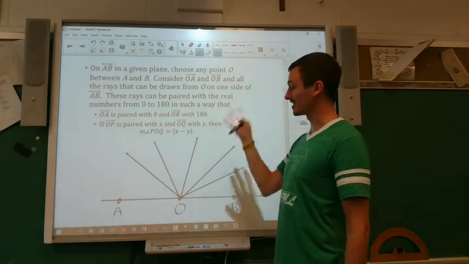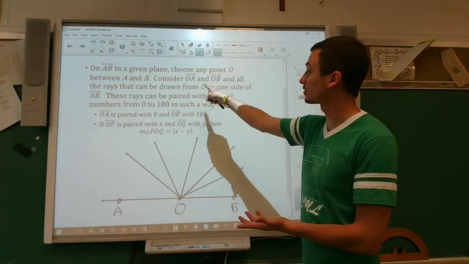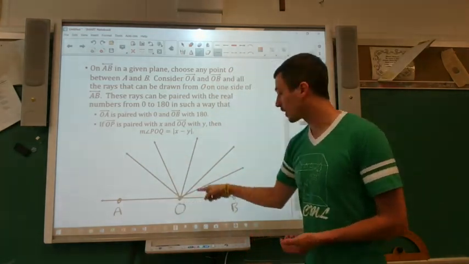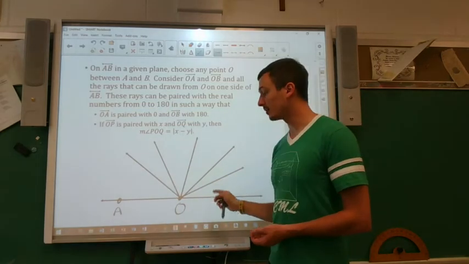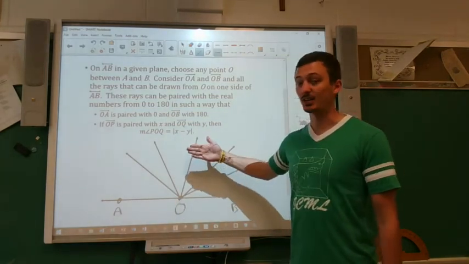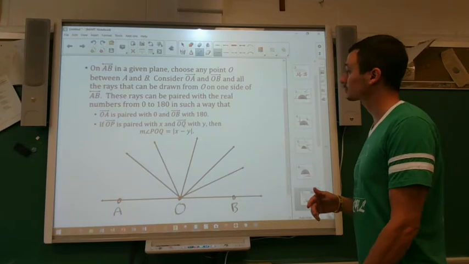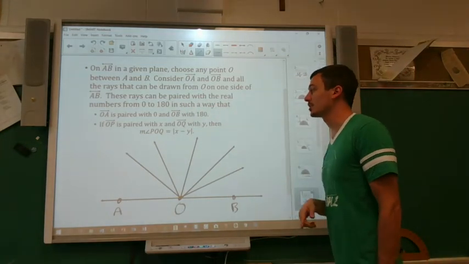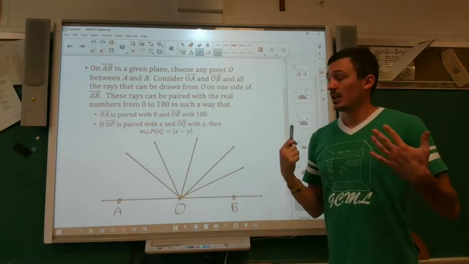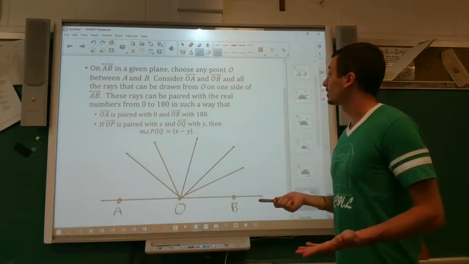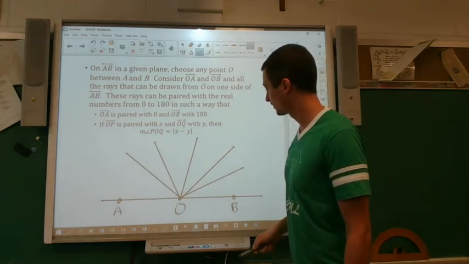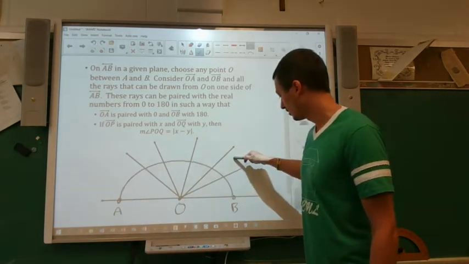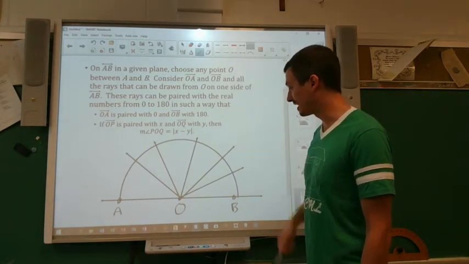But I'm just going to consider them, so I'm considering ray OA, ray OB, and all the rays that can be drawn on one side of line AB. These rays can be paired with the real numbers from 0 to 180. That is the protractor. So we're talking about this side. That's going to be our protractor.